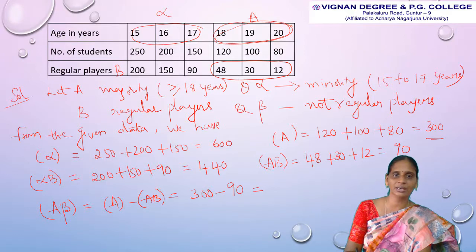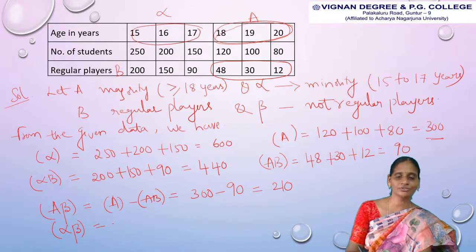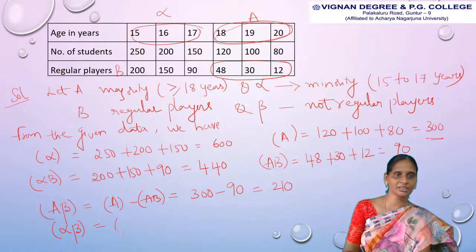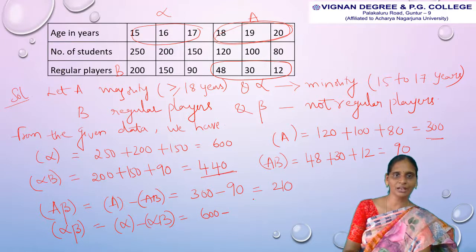So 300 minus 90, the value is 210. And next one, frequency of alpha beta can be obtained by frequency of alpha minus frequency of alpha B. So frequency of alpha is 600 minus frequency of alpha B is 440. So here we get 160.